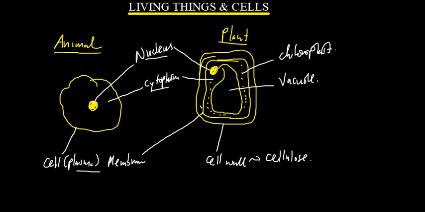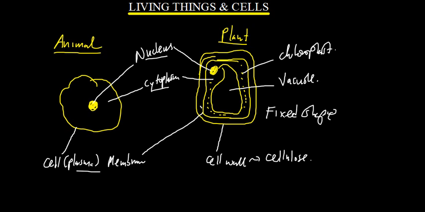An animal cell doesn't have any chloroplasts. Another thing, look at the shape. A plant cell has got a fixed shape. An animal cell does not have a fixed shape. So these are some of the differences. And also a plant cell is bigger than an animal cell. So these are differences you need to make sure that you take note of. Alright?